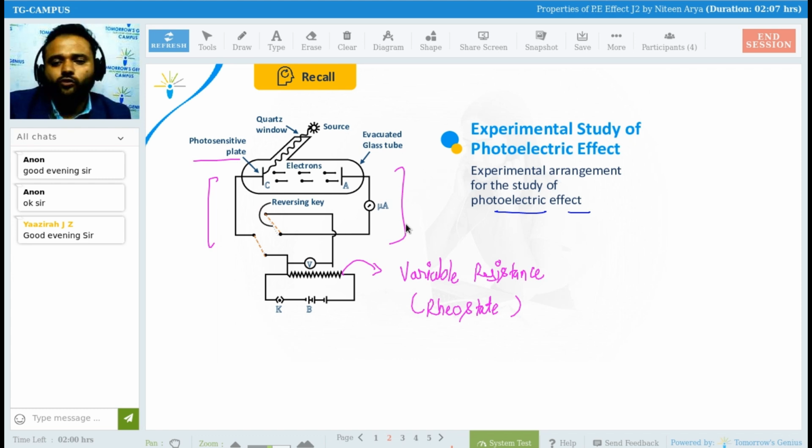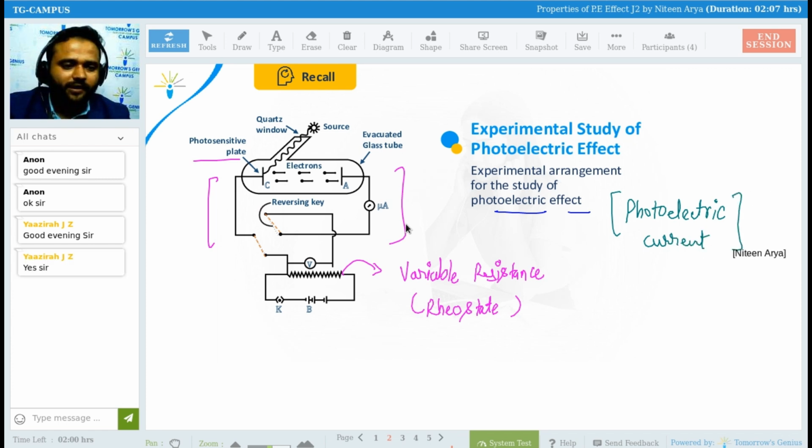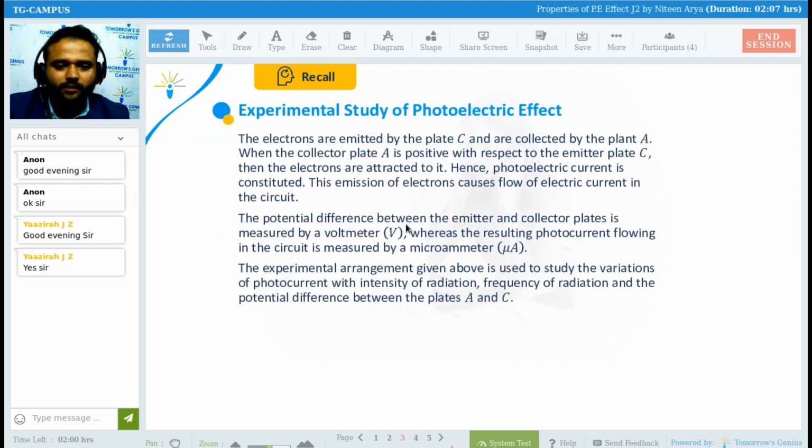We get photoelectric current. Is this clear with everyone? Clear, everyone? Good. Now, from this particular slide, the maximum of it is going to be a little bit boring and a bit more theoretical. Okay.